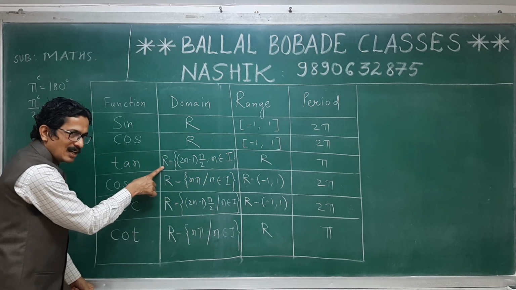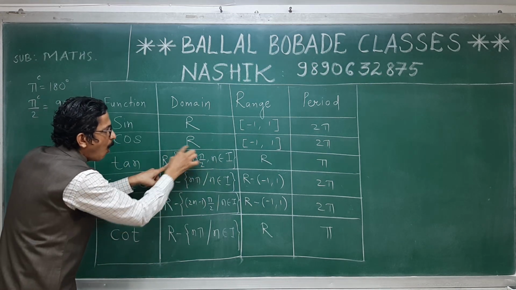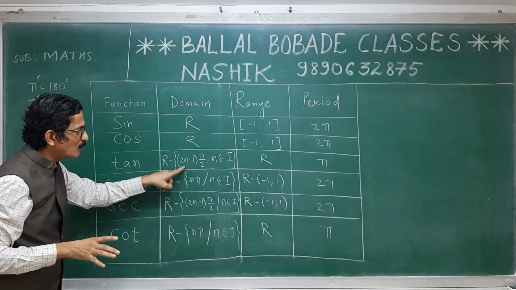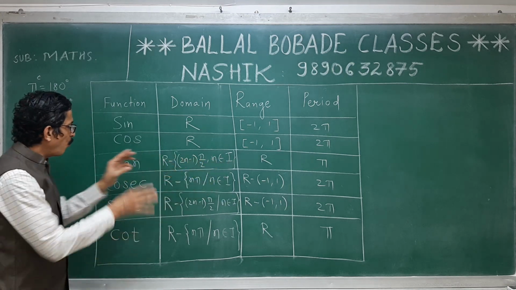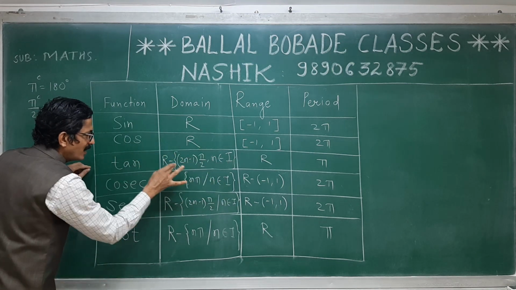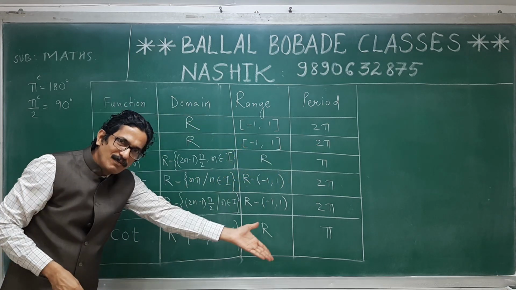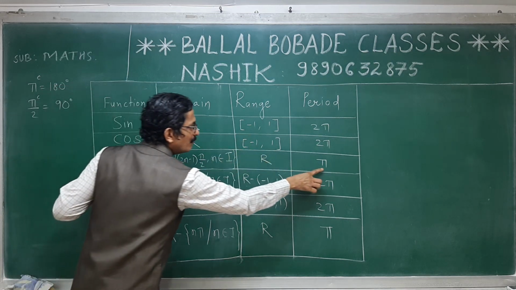R stands for real numbers. It can take any value minus odd multiples of 90 degrees. An odd multiple is found by (2n minus 1) times pi by 2, n is an integer. Once you put in any such theta, you get any real number as the answer, that is minus infinity to plus infinity. The period is given to be pi.